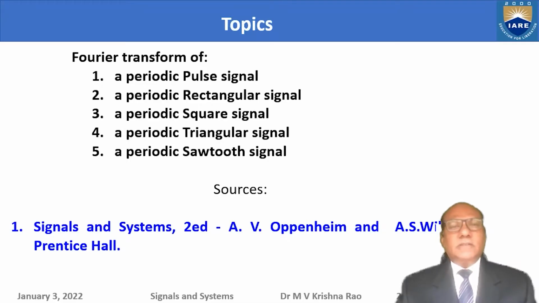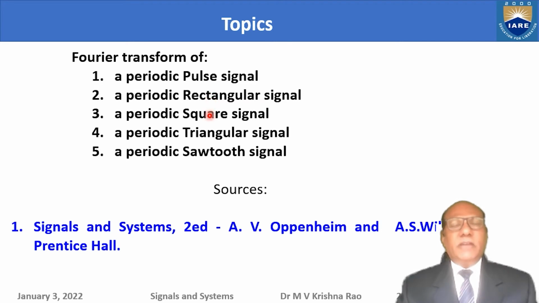So first let us consider the theory part of the pulse signal. When I call it a pulse signal, it is a narrow pulse, and when I say rectangular, the on period in a cycle is more than the off period.